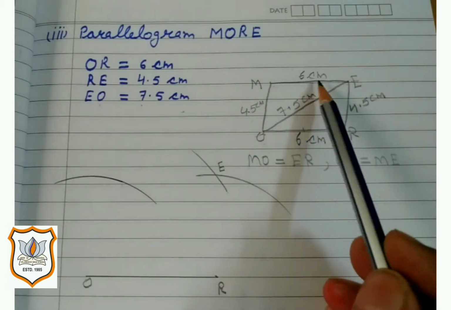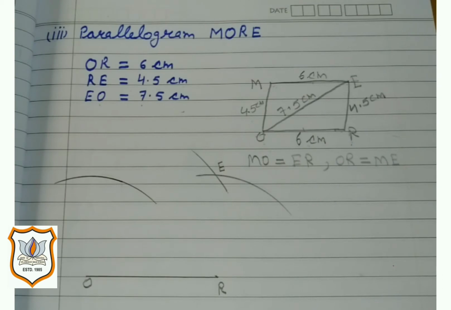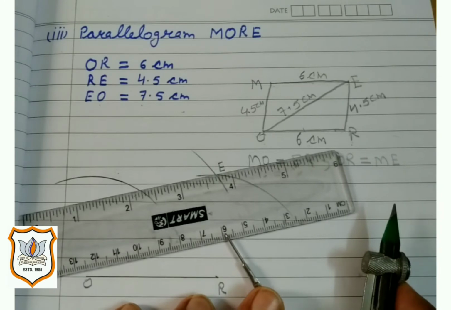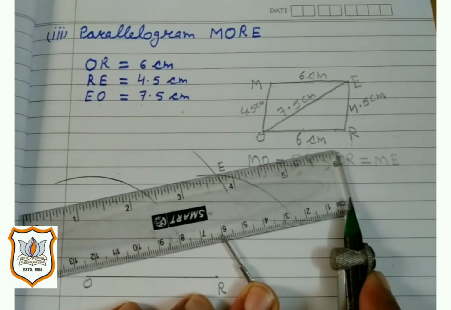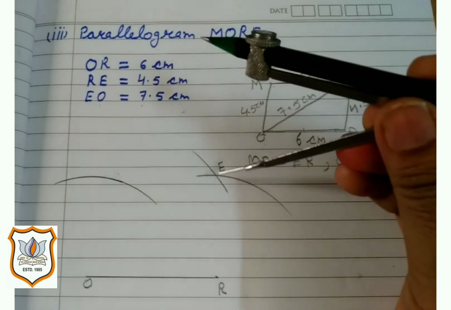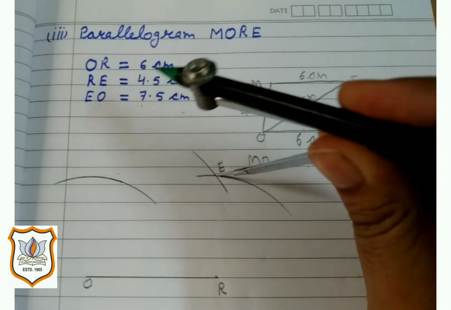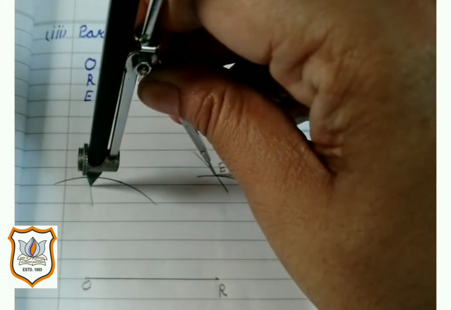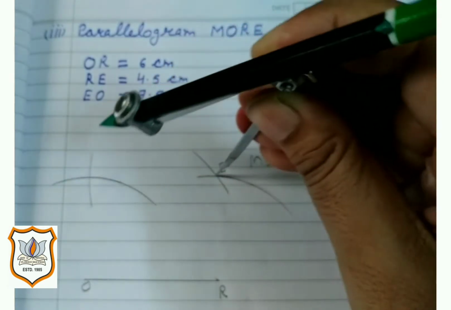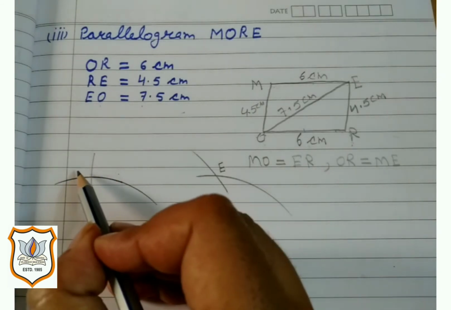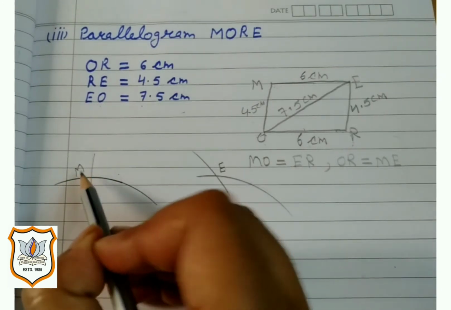ME is 6 centimeter. So we will take 6 centimeter in the compass. You can see here 6 centimeter, and we will take E as a center, and we draw an arc here. Now these intersect each other at point M. So we write here M.